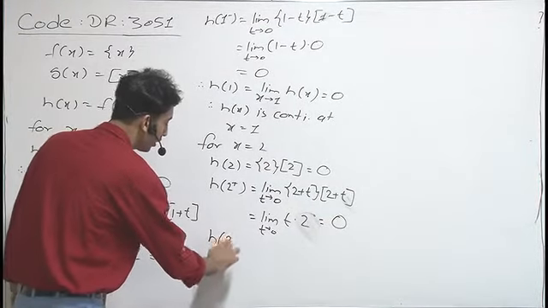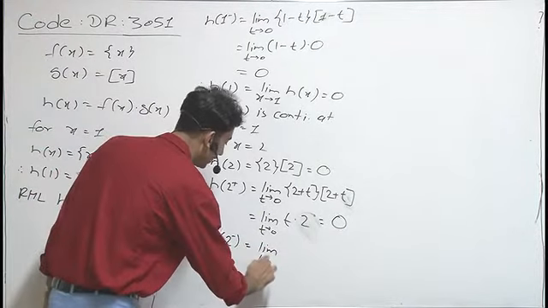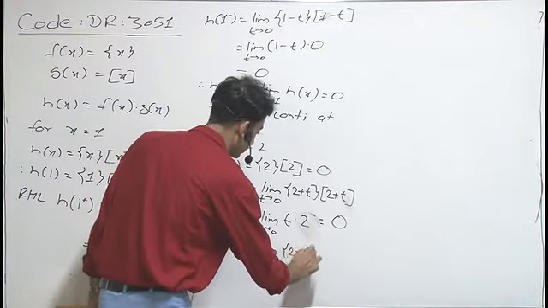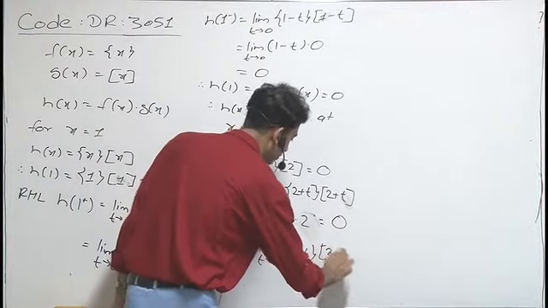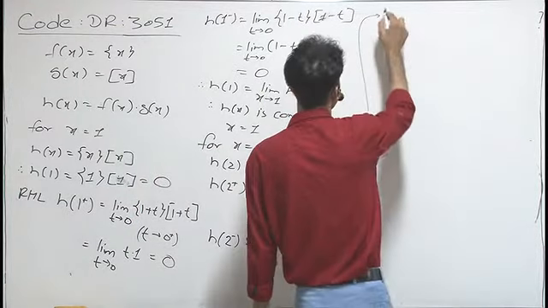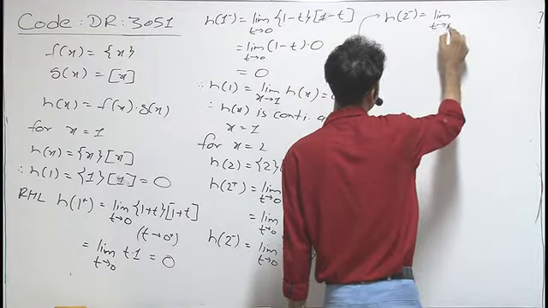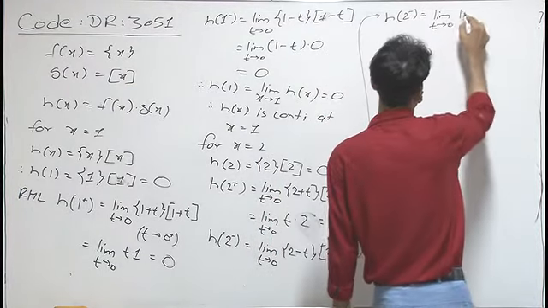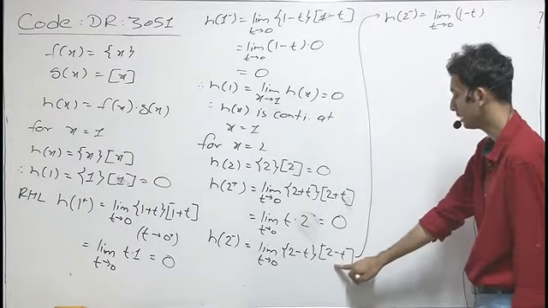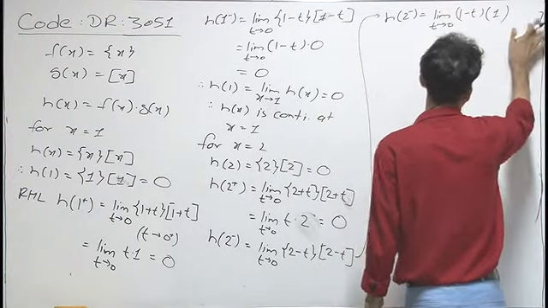And if we go for the left hand limit, limit t tending to 0 of the fractional part of 2 minus t and the box of 2 minus t, we can write h(2-) as the limit t tending to 0, and over here we can write 1 minus t, and the box of this number, which is slightly less than 2, gives us 1.